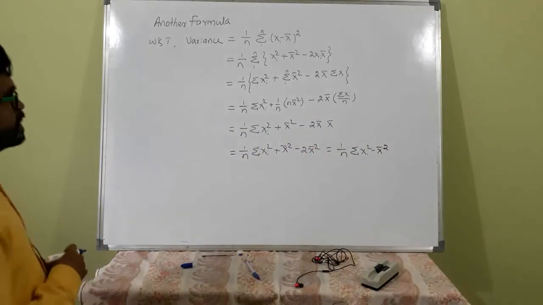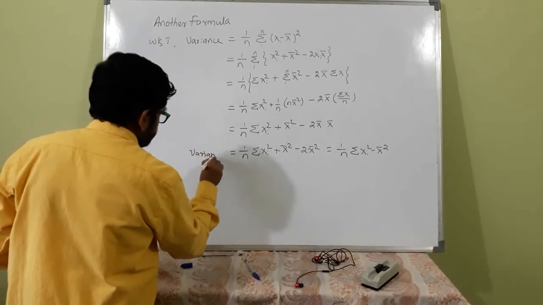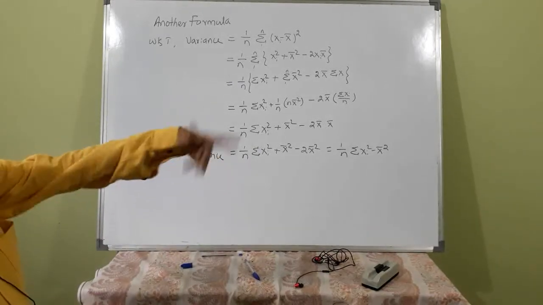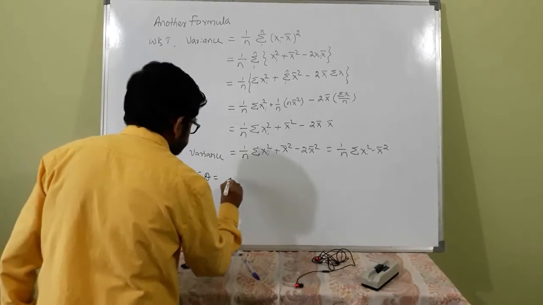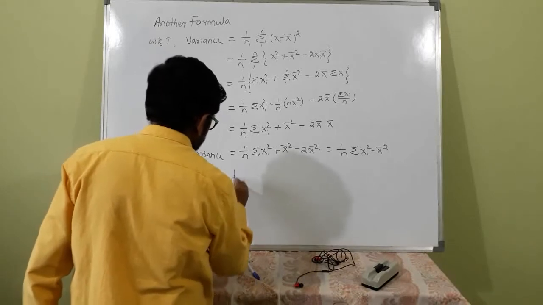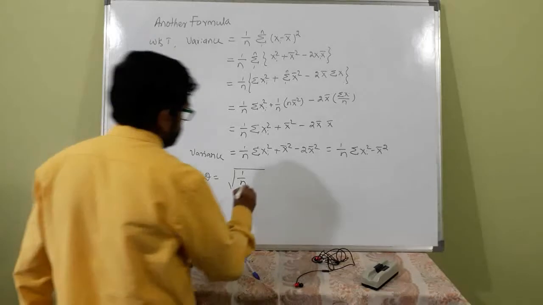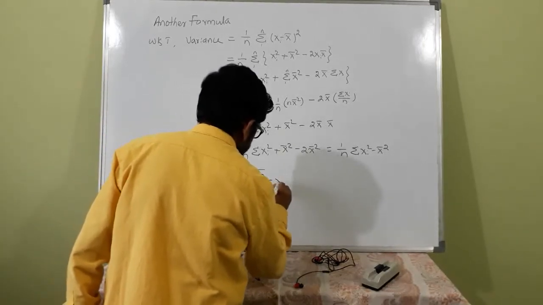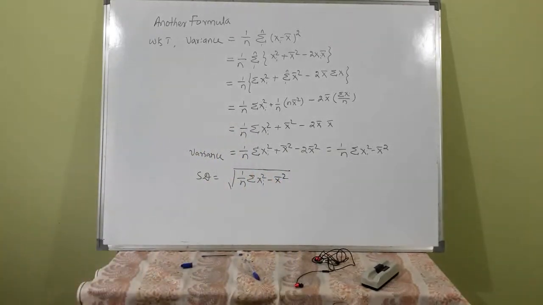So variance is this much. You got it? Variance is 1 by n into summation xi square minus x bar whole square, and standard deviation is the root of this. You got it?